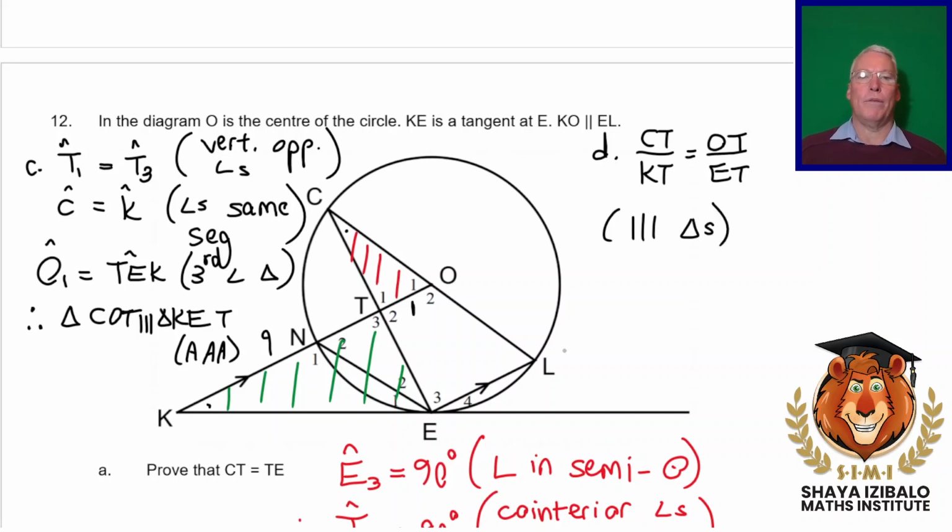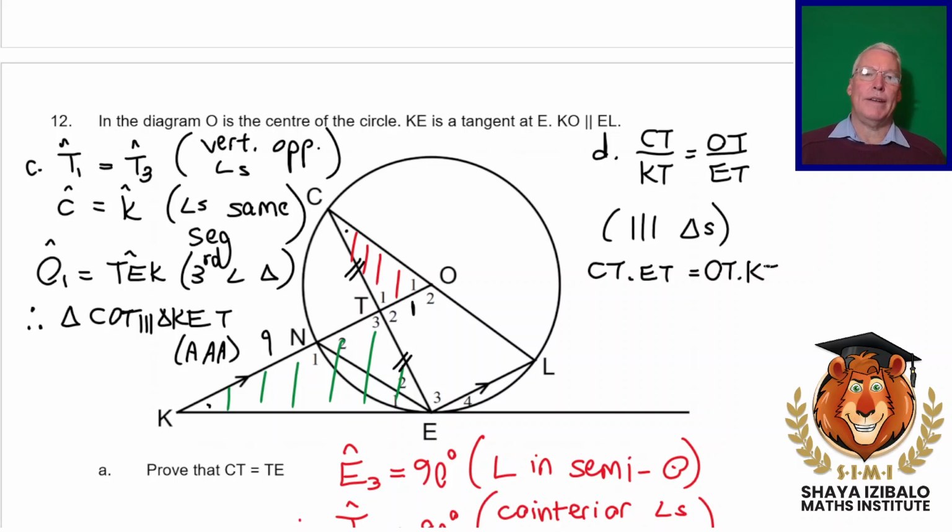Now let's see what we've got and what we don't have. CT, we don't actually know. That's what we're trying to find. But notice that CT and ET are the same length. Remember, we proved that right at the front. So that is equal to that. So instead of having CT and ET, I can have CT times ET is going to be OT times KT.